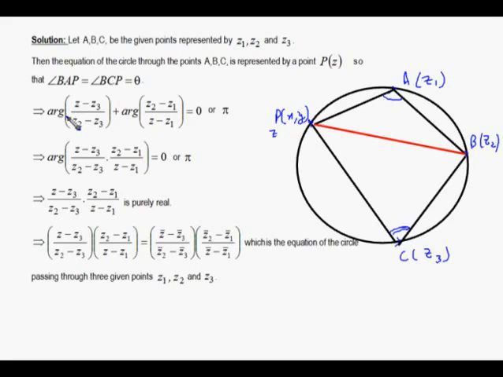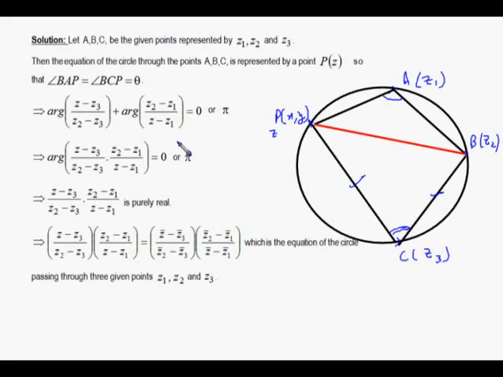Therefore, how do you get the angle BAP in terms of z, z2 and z3? For that, z minus z3 basically represents this line given over here, and z2 minus z3 represents this line over here.